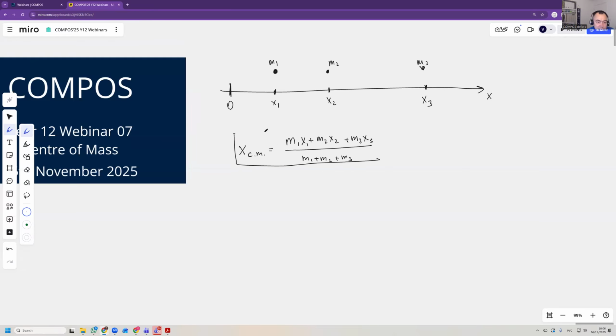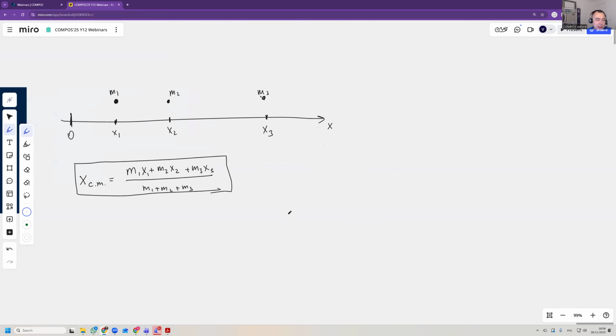And that's about it. It's called the weighted average, actually.